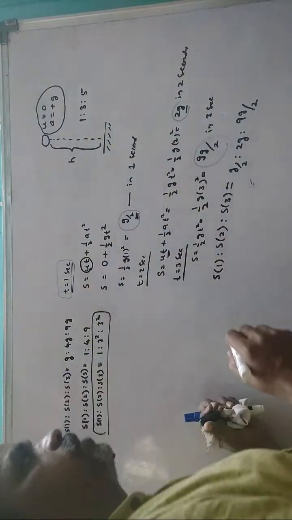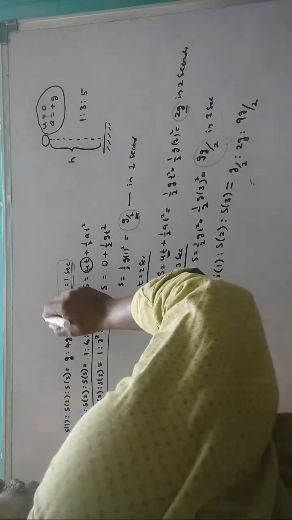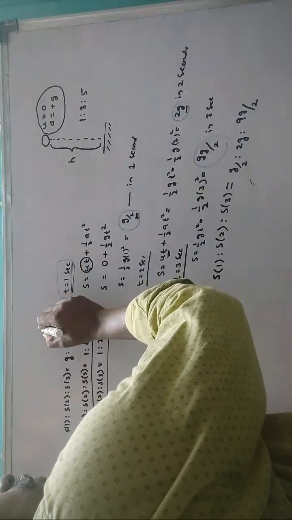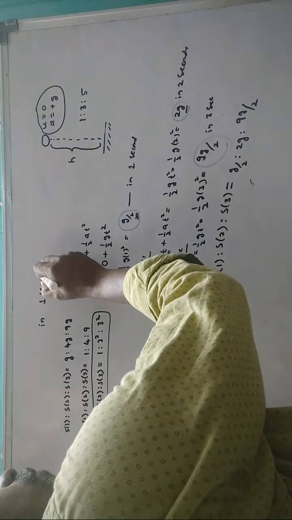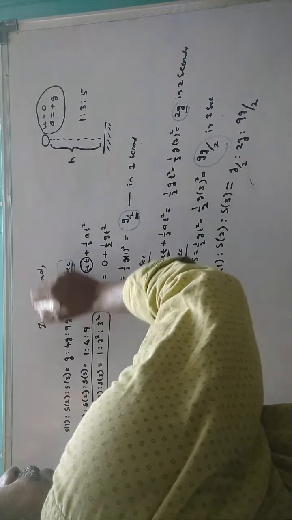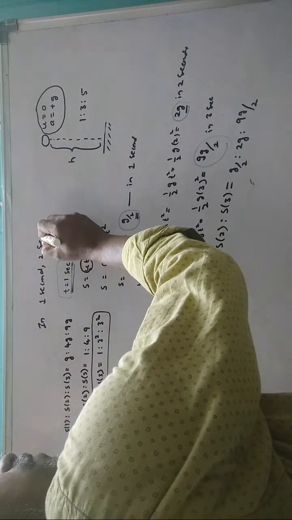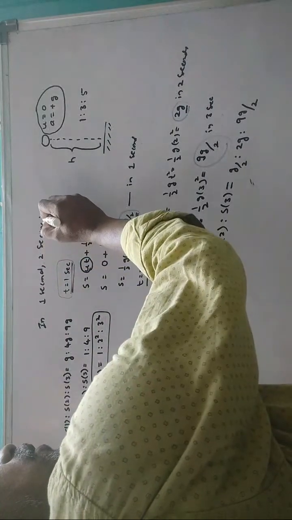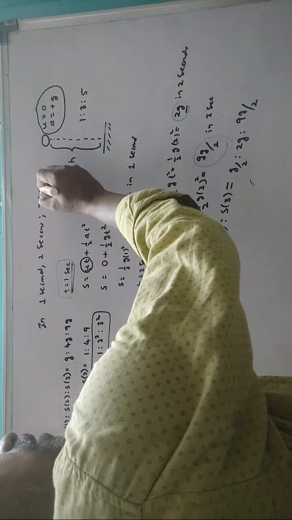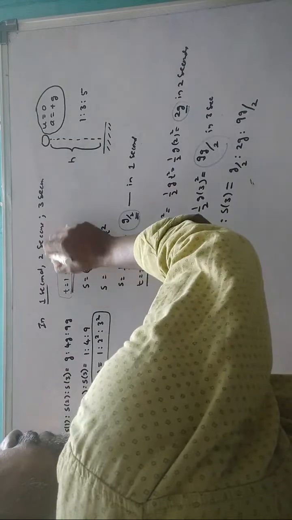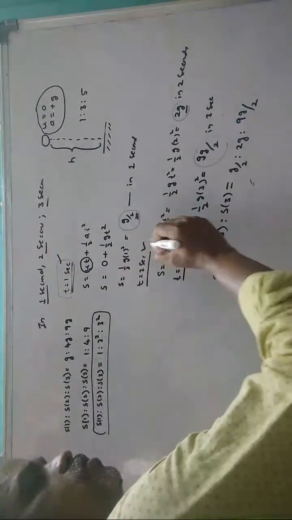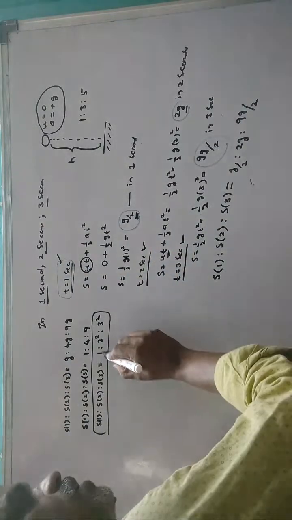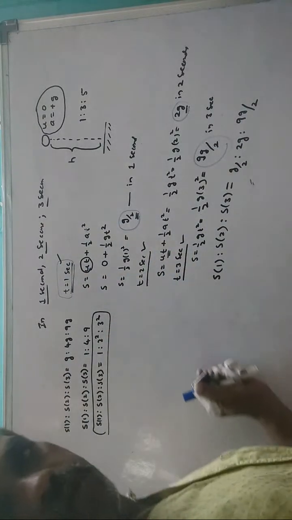Here, for the first 1 second, first 2 seconds, first 3 seconds, that is t equal to 1, t equal to 2, t equal to 3, we get 1 is to 2 square is to 3 square.